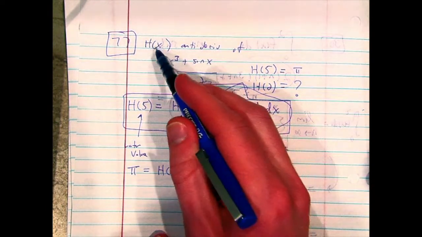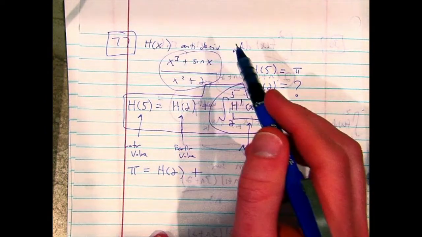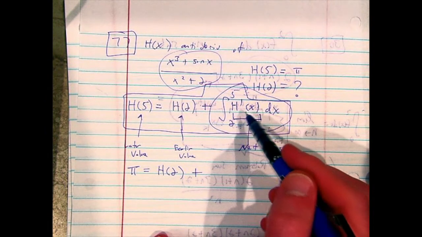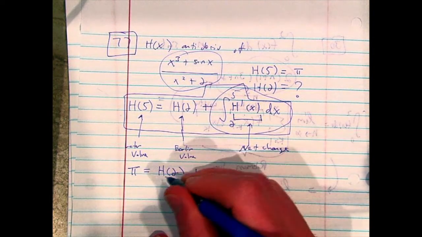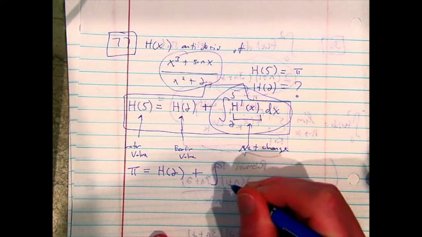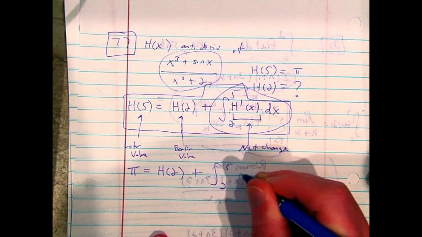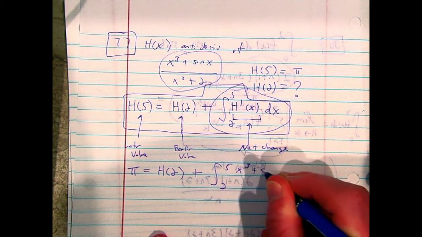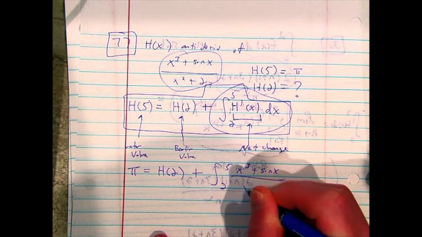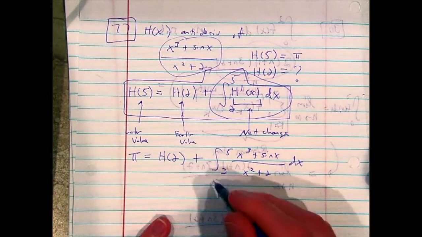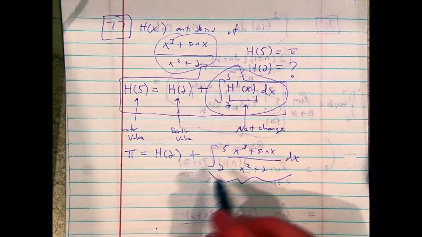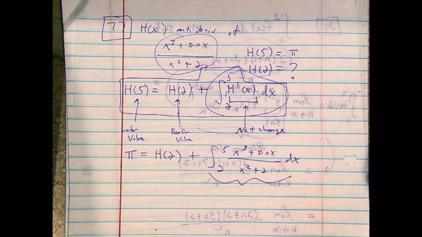We know h is an antiderivative of this expression, so h prime must actually be this expression. So pi is equal to h of 2 plus the integral from 2 to 5 of x to the third plus sine of x over x squared plus 2 dx. We can compute this using our calculator and then subtract it from both sides to obtain the value of h of 2, so I'm going to go ahead and do that.